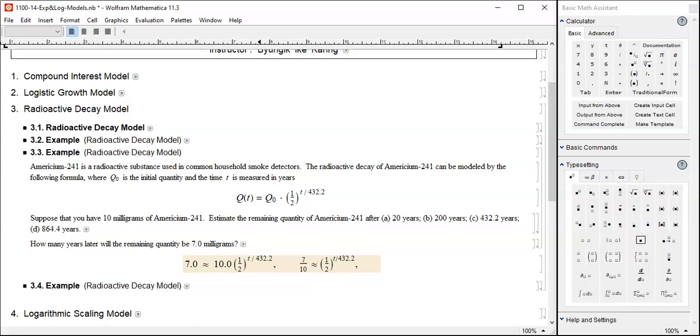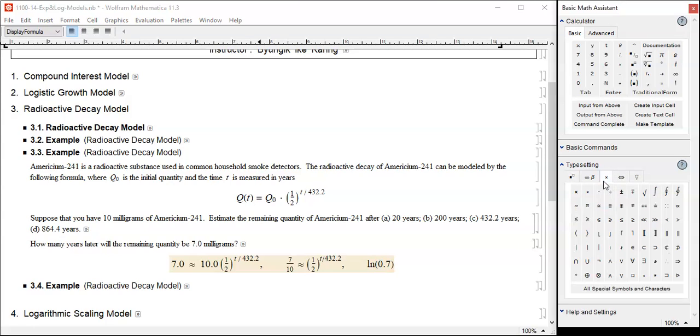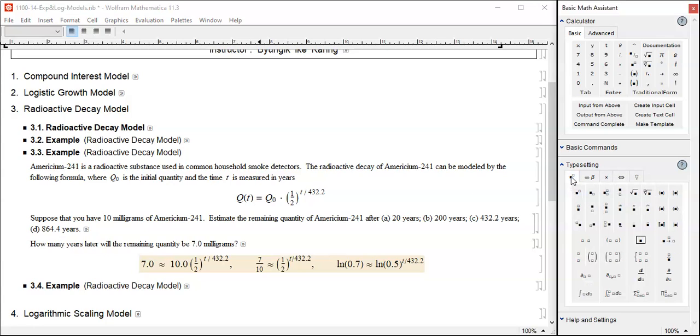Left hand side, log of 7/10. Oh, let's use decimal. Right hand side, log of 1/2 to the t over 432.2. I'm using decimal. Why am I using 1/2 here? Let's change it to 0.5 as well.